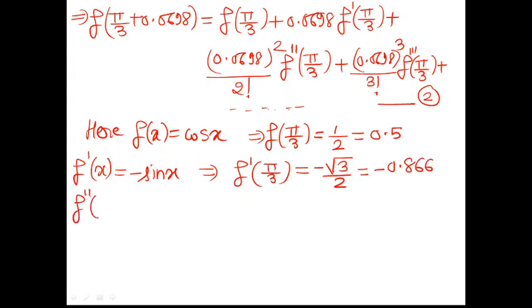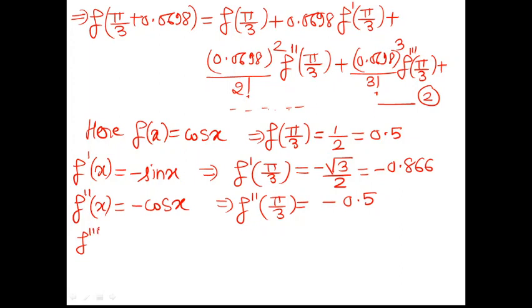Again differentiating, we have minus cos x, which gives the value at pi by 3 as minus of 0.5. Similarly, the third derivative is plus sin x. Derivative of cos x is minus sin x, already minus sin, so minus minus plus. So f triple dash of pi by 3 is equal to 0.866 and so on.